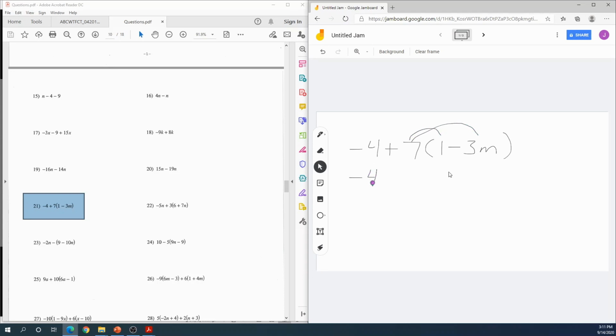So we get minus 4 plus 7 times 1, which is 7, and then 7 times minus 3m is going to be minus 21m. So minus 4 plus 7 is going to be 3 minus 21m. So first thing we did was our distributive property, 7 times 1, 7 times minus 3m, and then we combined like terms to get 3 minus 21m.